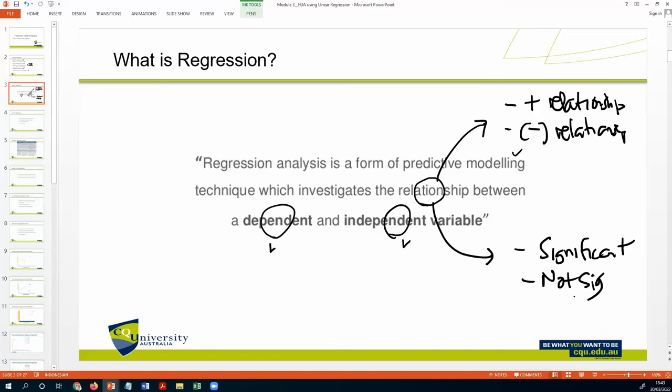So the relationship may be positive and significant, or maybe negative but significant as well.